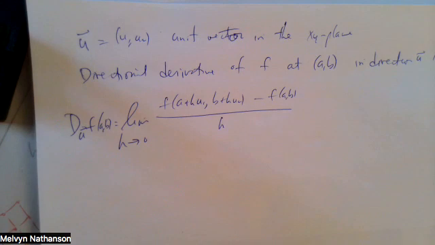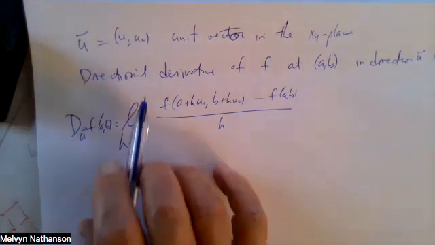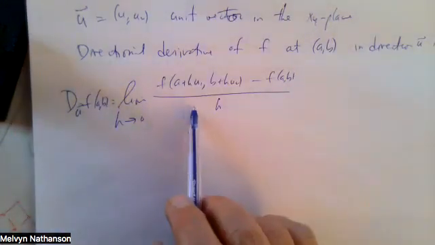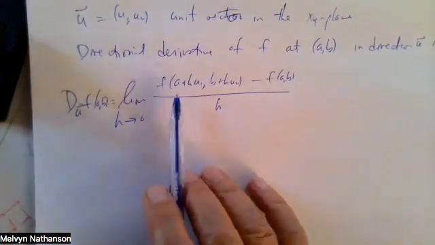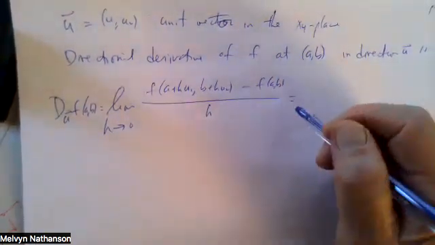So that's the formal definition, but there's a theorem which allows us to calculate the directional derivative much more easily. The directional derivative of f at the point (a, b) in the direction u is given by this formula, but we can also write this as the following.